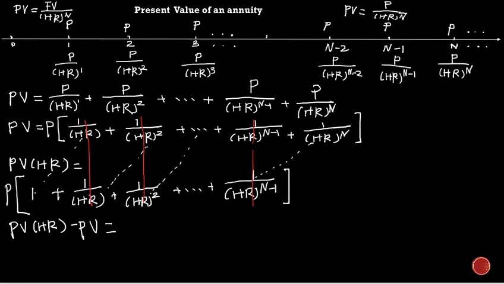Nothing minus this last term is minus this term. So we put the leftover in the bracket: 1 minus, 0 minus this one is the leftover, 1 over 1 plus R to the nth power. The other terms are cancelled out.